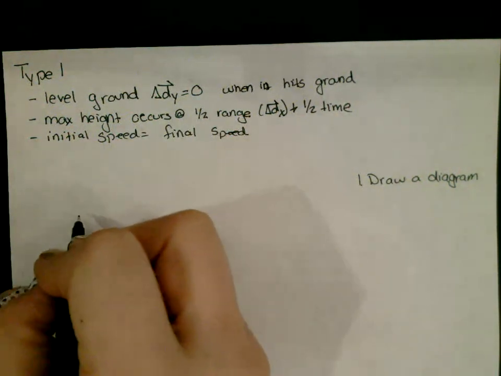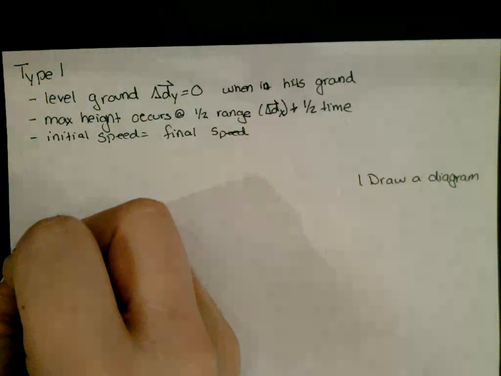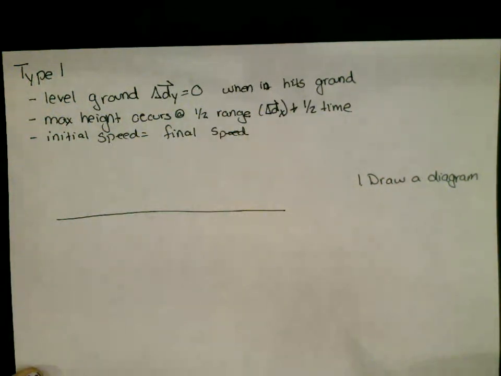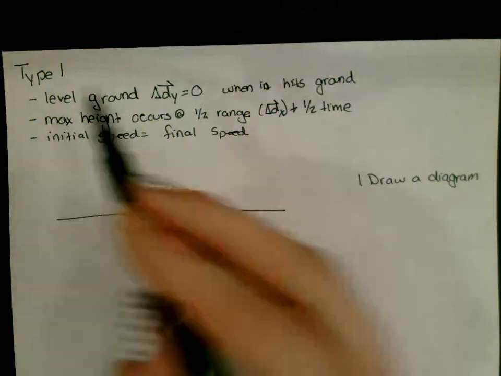So it says a soccer player kicks a ball on a level playing field. So my playing field is level. So I know it's a type 1 problem because I have level ground.